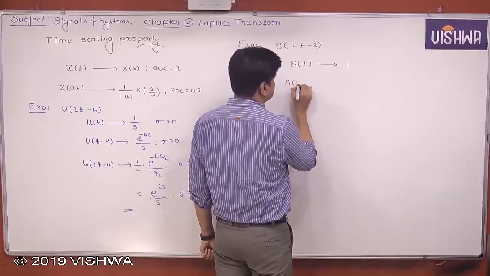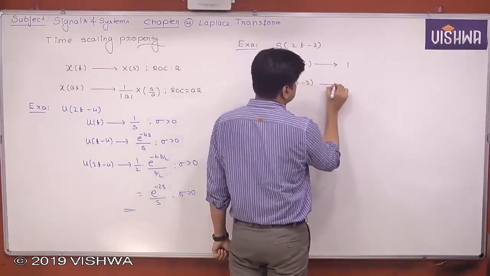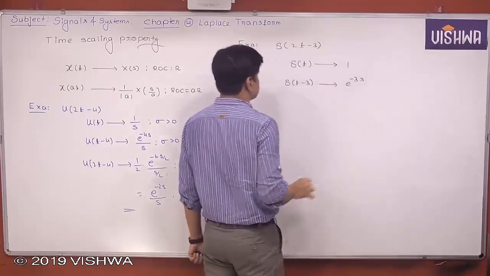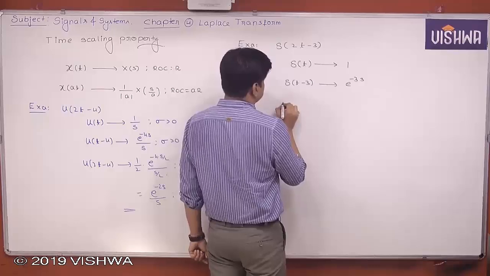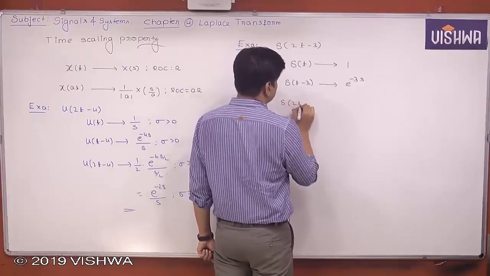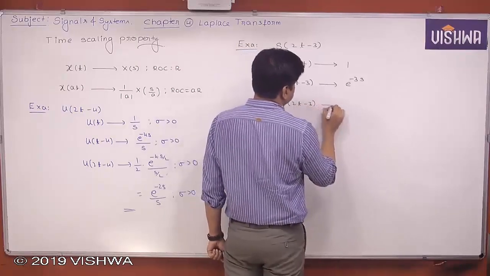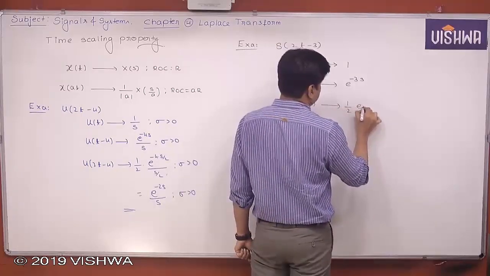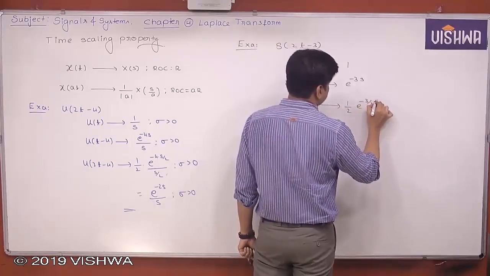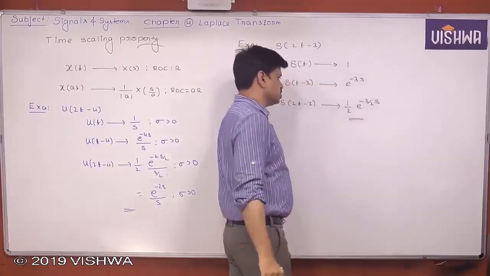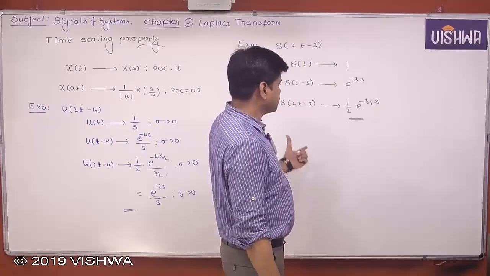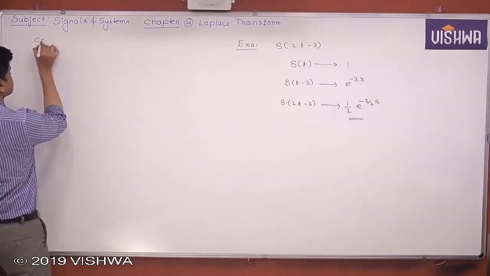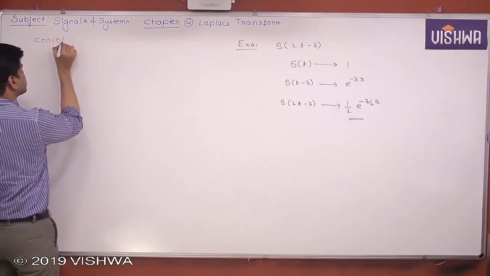Delta t minus 3 gives e power minus 3s, still ROC is the entire s plane. Delta 2t minus 3 gives 1 by 2 e power minus 3 by 2 s. This is the Laplace transform. Clear? Take it. Next property, convolution in time domain.